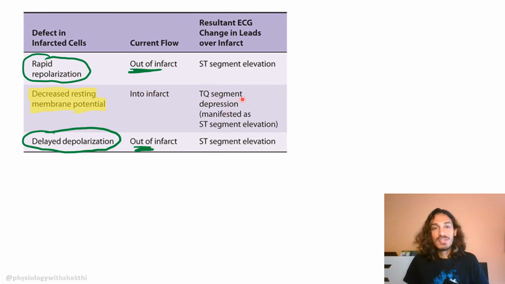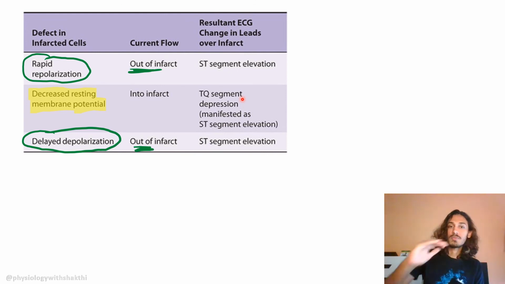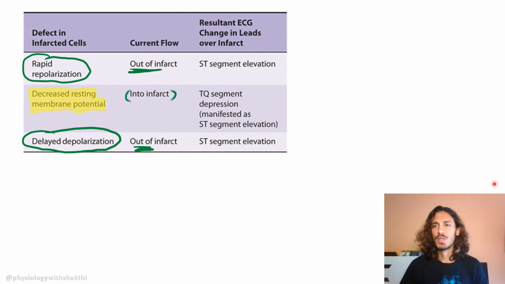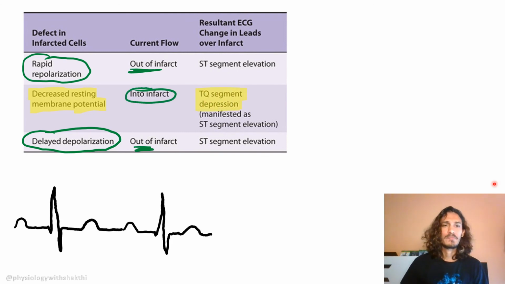But when you actually look at the ECG, what it manifests as is ST segment elevation, because this part is lower. So when you look at it, it looks like the other part is elevated. I'll try to explain what it is. This is the RR interval. You can see this is the T wave, this is the QRS. After the T wave, this along with this is your TQ segment.